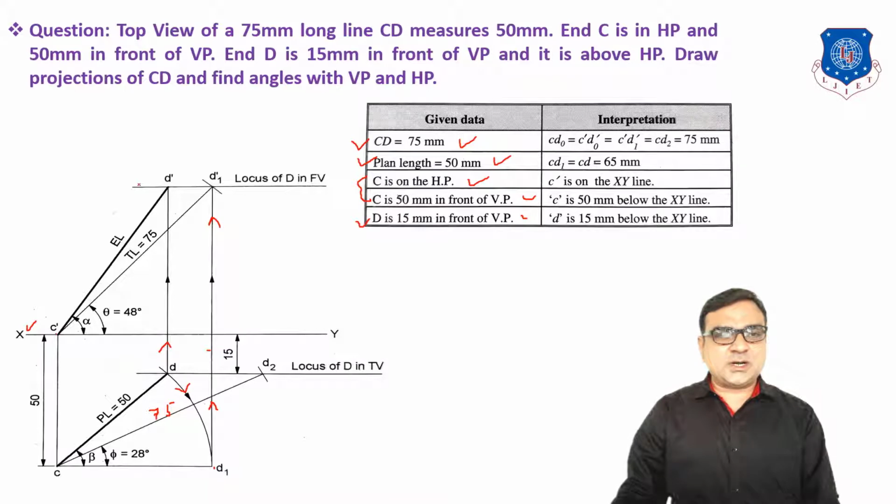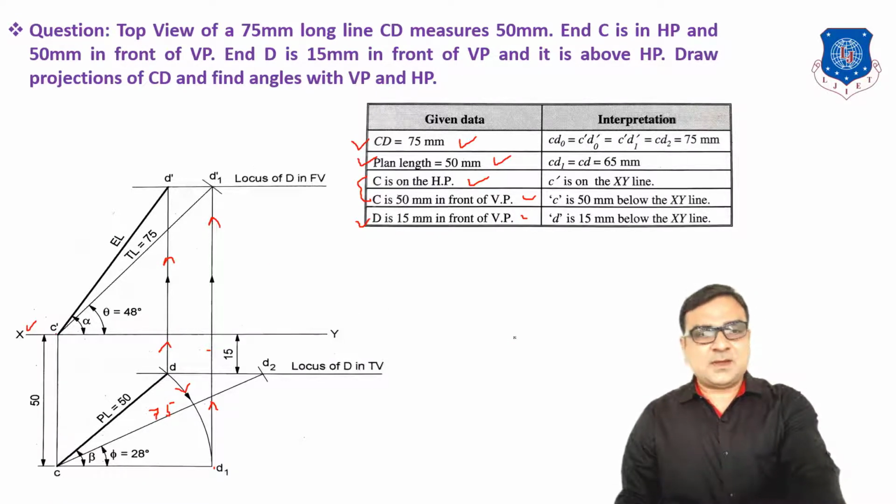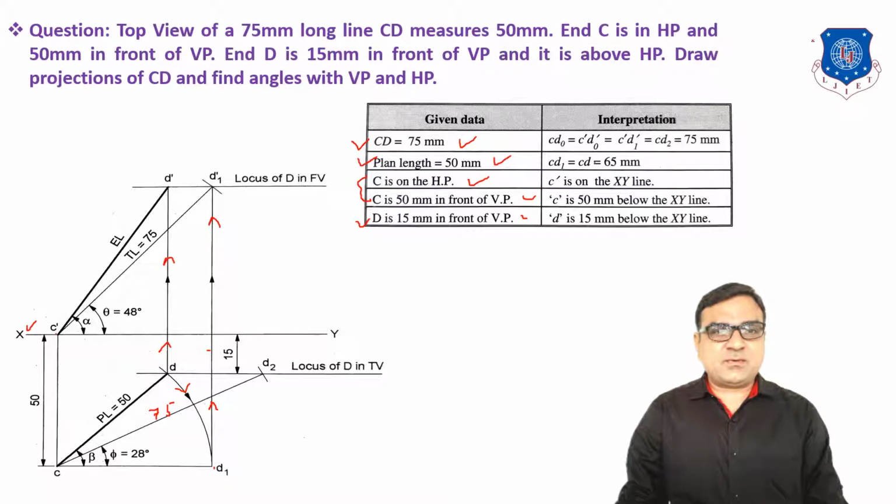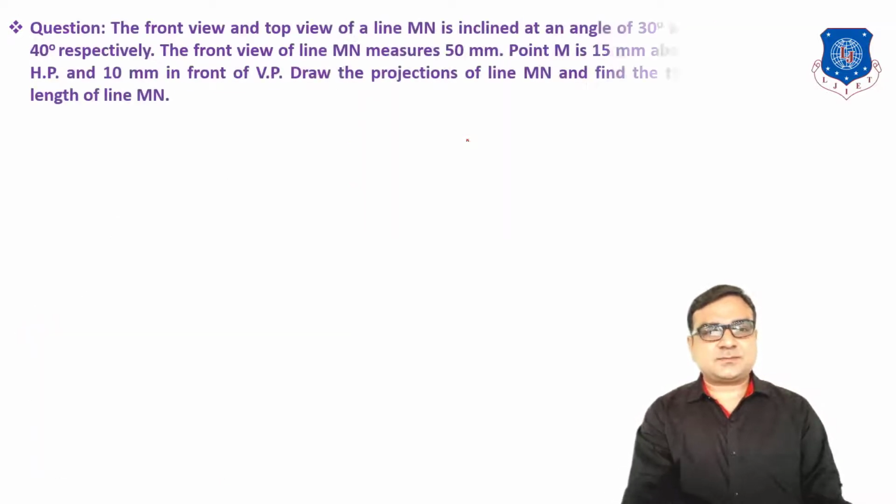Now draw a horizontal line which intersects this vertical line, denoted by D dash. Now join C dash D dash and C dash D1 dash. So here C dash D1 dash is the true length and C dash D dash is the elevation length. Now in these questions we have to find the two angles of inclination with HP and VP. So here theta and phi are both our required answers.